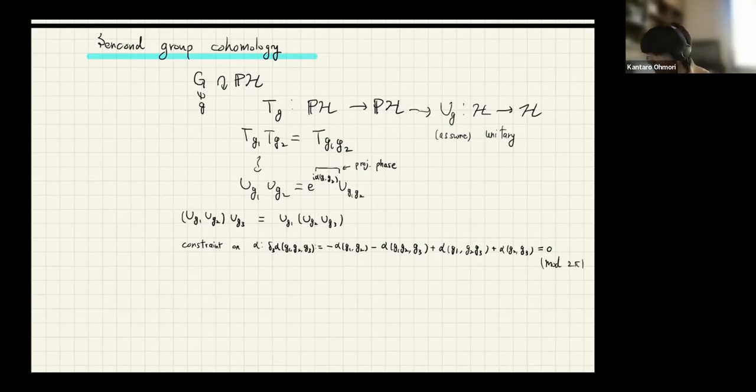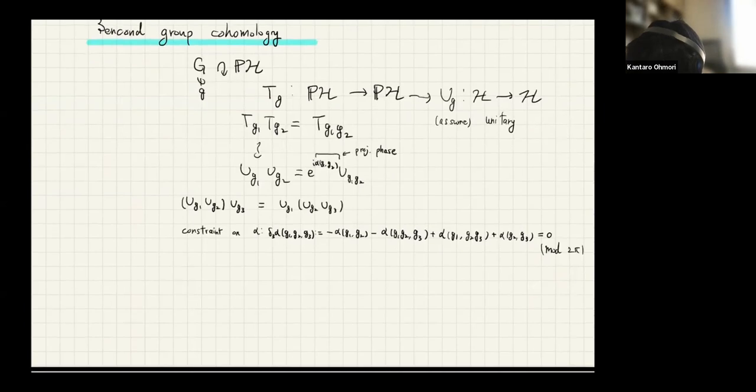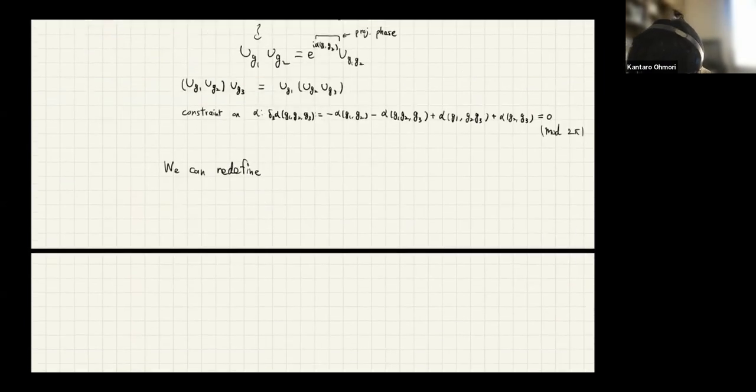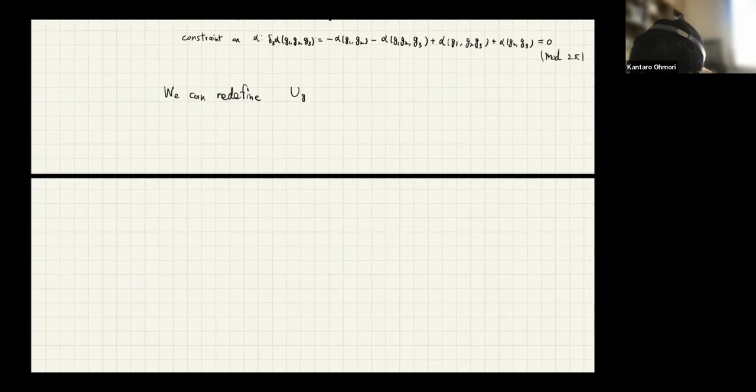Also, not all alpha are interesting, because we can redefine each U(G) by modifying it by some phase depending on the group element.